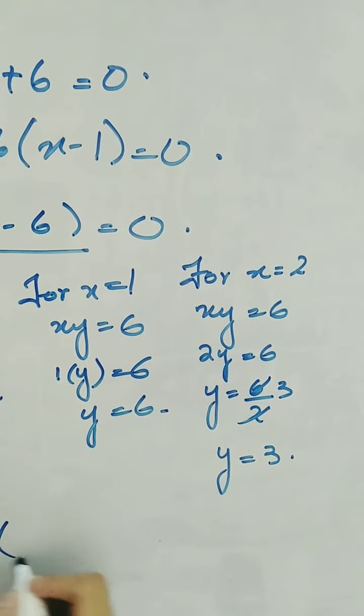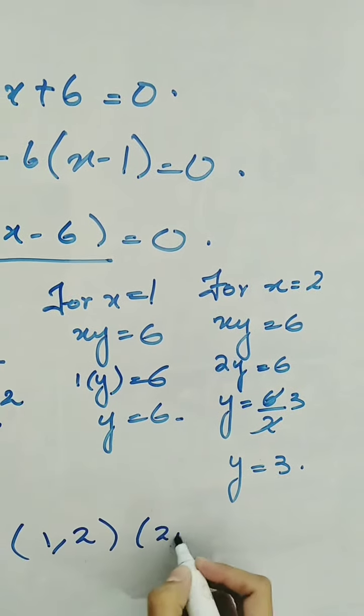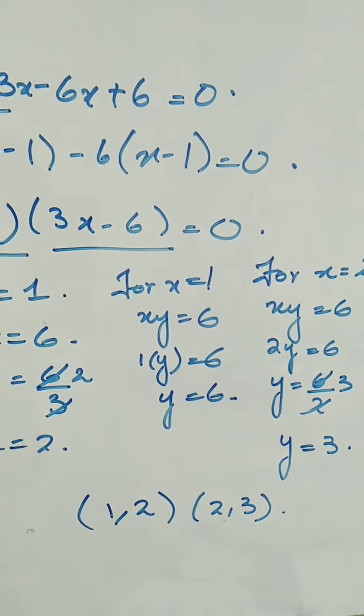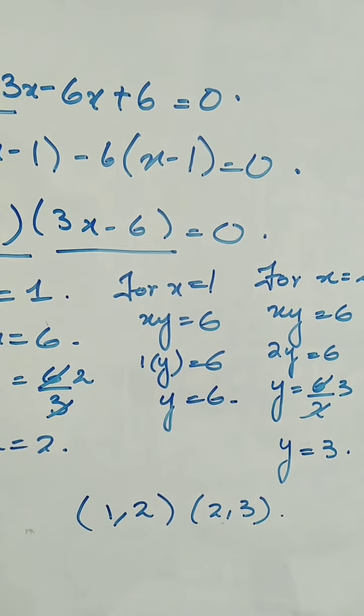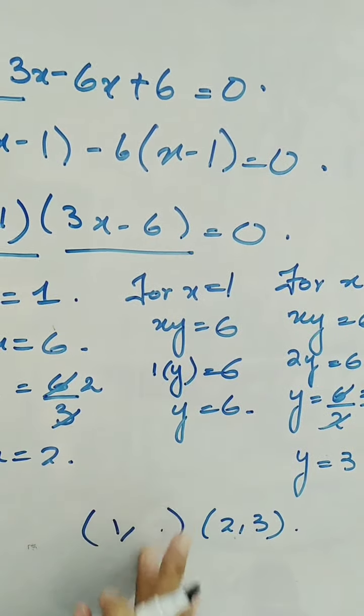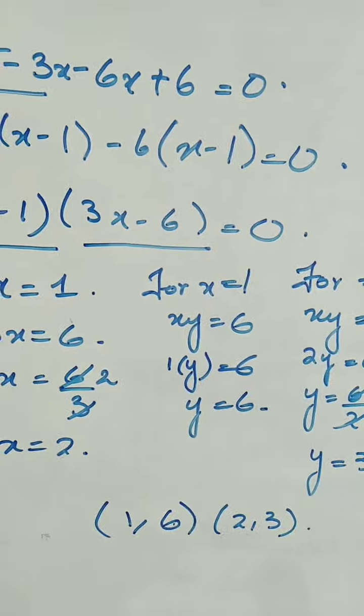Now we have points of intersection (1, 6) and (2, 3).